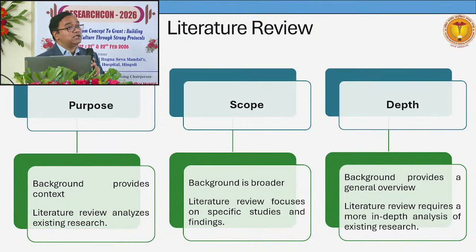That is the utility of doing the review of literature. It helps you understand the background as well as the scope of your research question. And third, it gives you an idea about the depth to which you can go, how far you can go for this particular question.